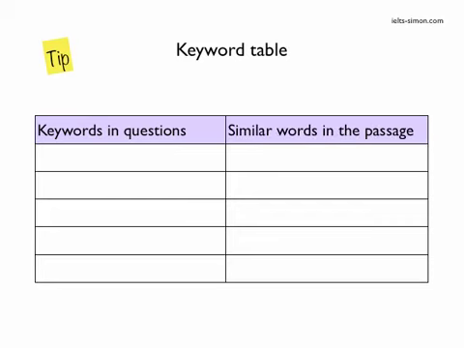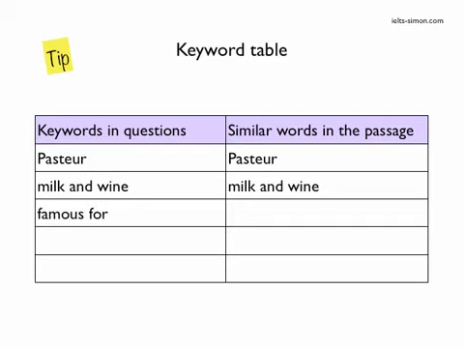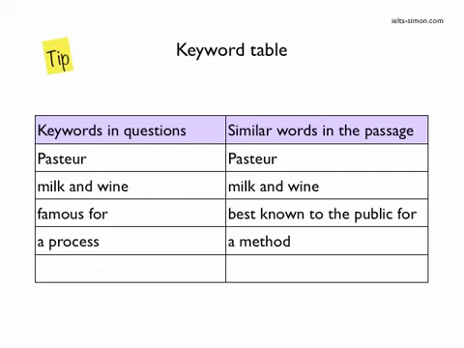So in this lesson, there were some easy keywords. We found Pasteur in both the question and the passage, and we also found milk and wine. The question contained the word famous for, while the passage contained best known to the public for. A process is similar to a method, and make safe for consumption meant the same as stop from causing sickness.